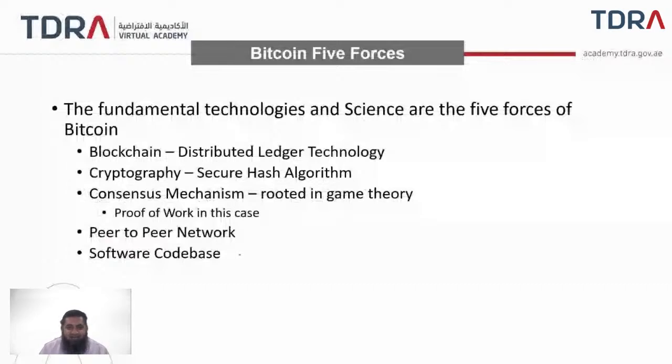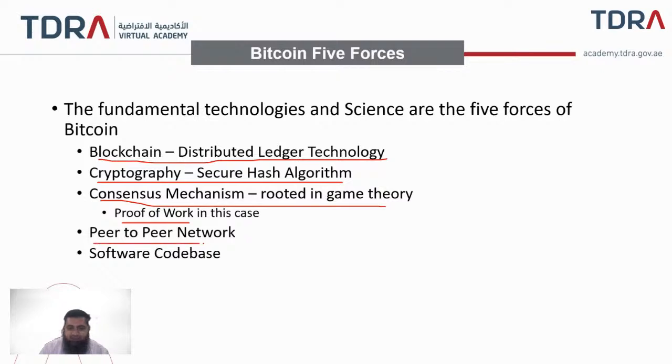So, what are these five forces? That is distributed ledger technology, and then cryptography, meaning secured hash algorithms, and the third one is the consensus mechanism that is rooted on the basis of game theory, and in the case of cryptocurrencies we say this is proof of work, and the fourth one is the peer-to-peer network, and the fifth one is programmability, that is the software code base.